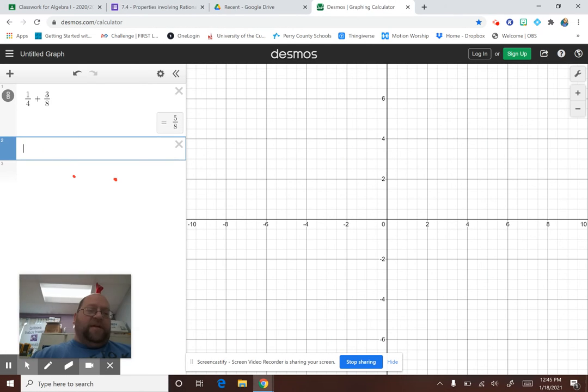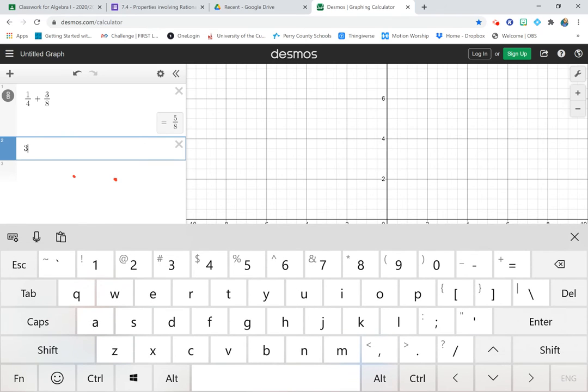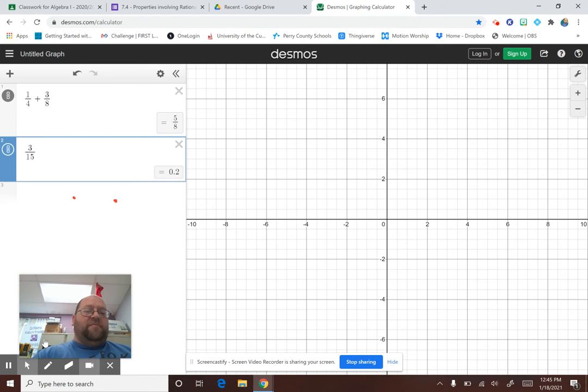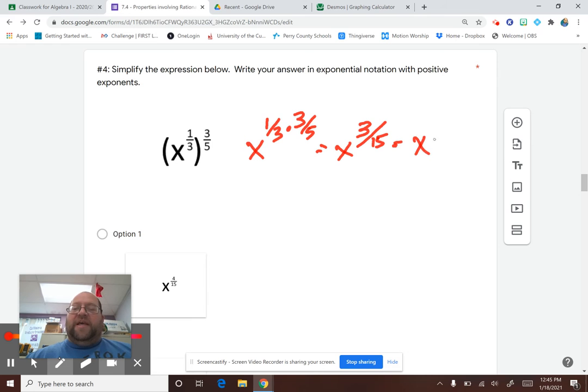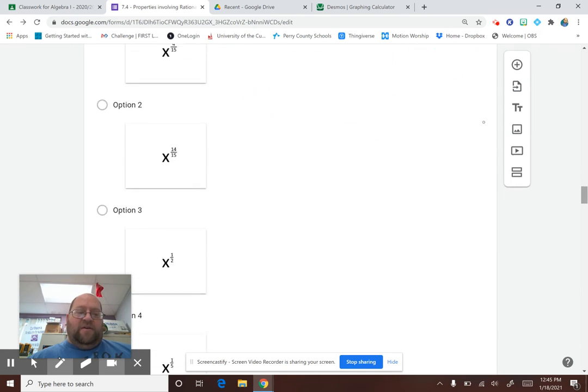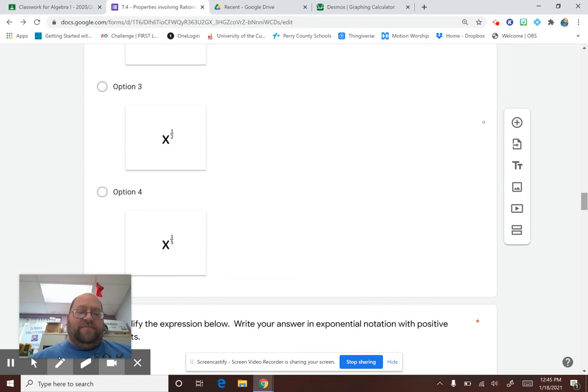If I put in 3 divided by 15 in here, notice it gives me 0.2, but I could click my fraction button, and it will tell me that that is 1/5, in fact. So I know that this also equals x to the 1/5, and that should be one of my answers that I see here. Okay.